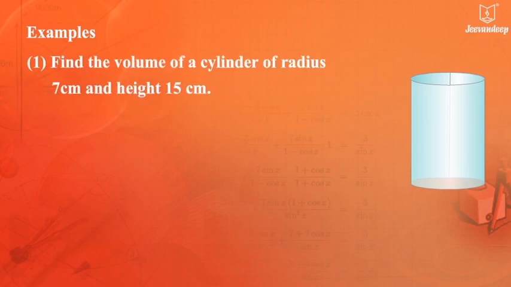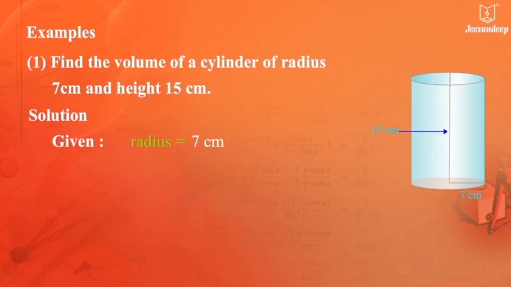Examples. 1. Find the volume of a cylinder of radius 7 centimeters and height 15 centimeters. Solution. Radius equals 7 centimeters and height equals 15 centimeters, as given.